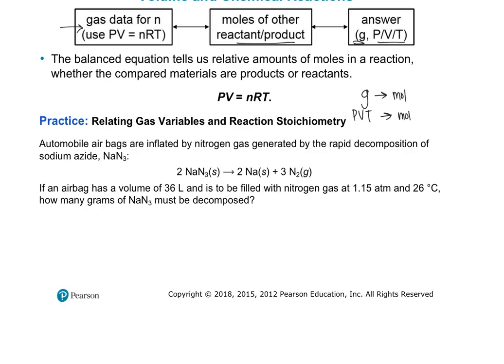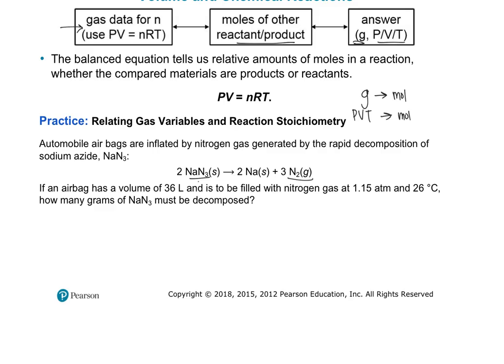Automobile airbags are inflated with nitrogen gas generated by the rapid decomposition of sodium azide, which is NaN3. Here's the chemical reaction: 2 NaN3, which is solid, going to 2 Na solids and 3 N2 gas molecules.